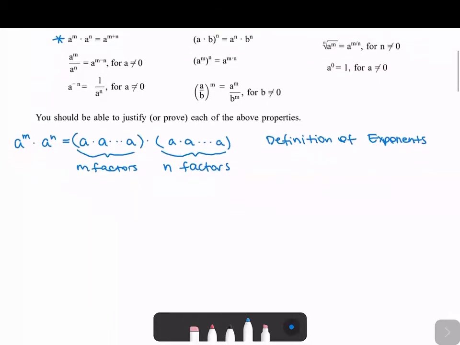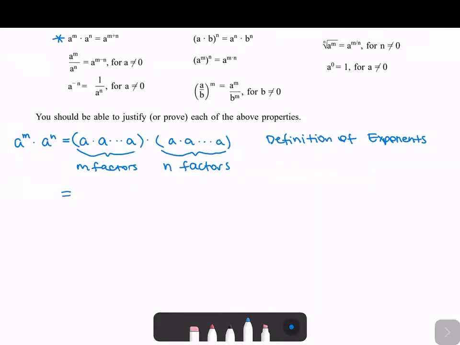So now we're going to use the associative property of multiplication, which just means you can rearrange the parentheses. So this is just a times a, and we can combine them all. We combine the first m factors and the next n factors.